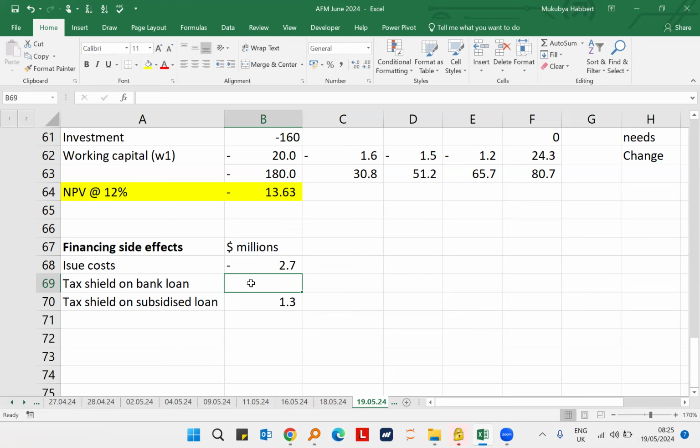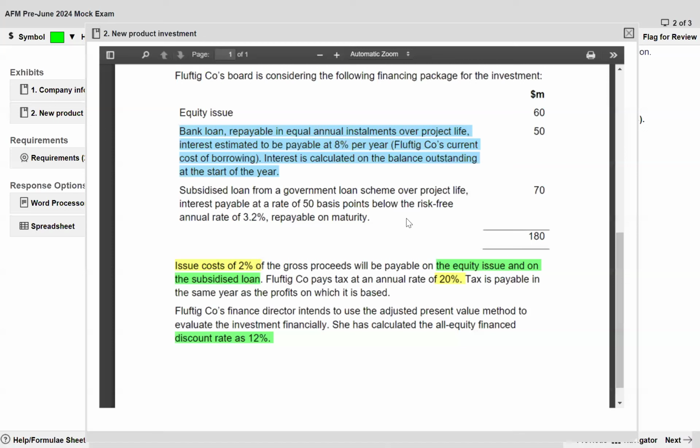So now the tax shield on the bank loan. As you saw, the bank loan is repayable in equal installments. That means that it is amortized. You don't pay the entire amount at maturity. So what you are paying is both interest and principal over the 4 years.